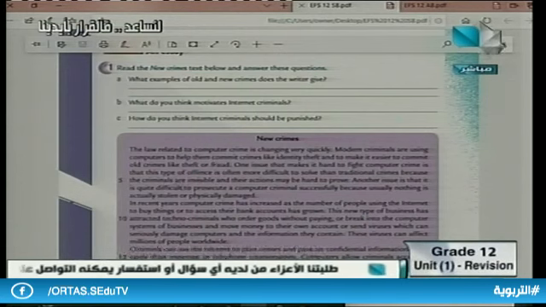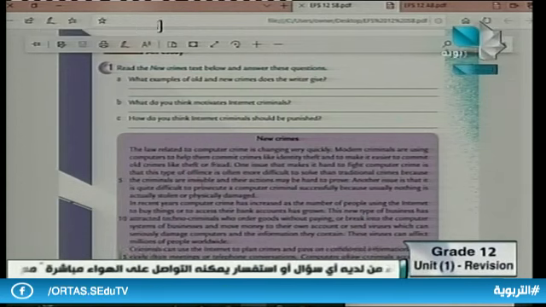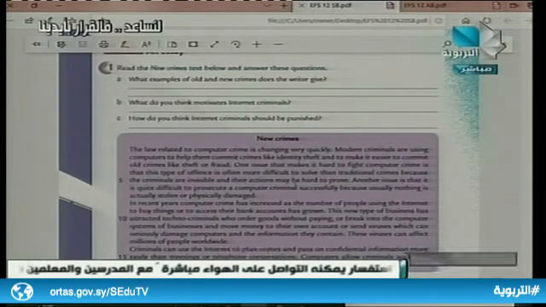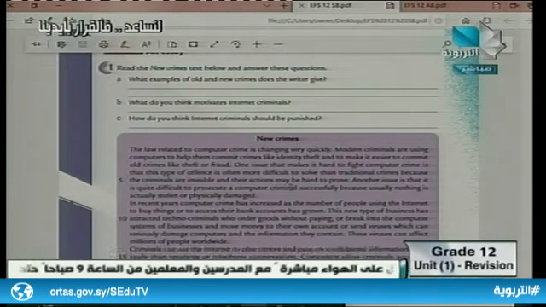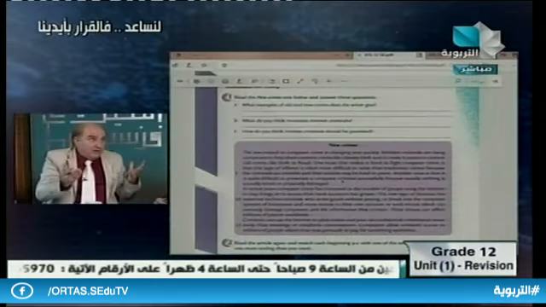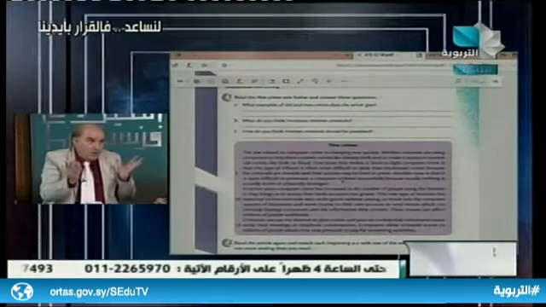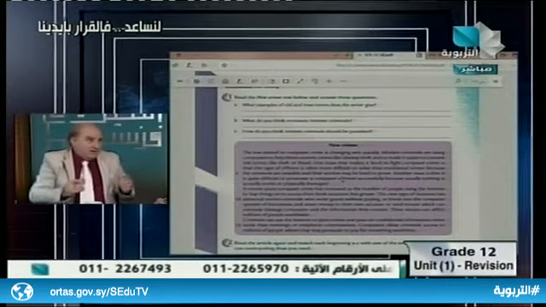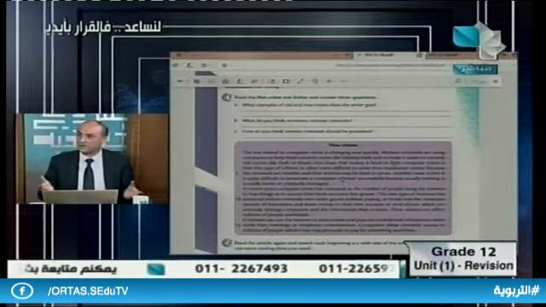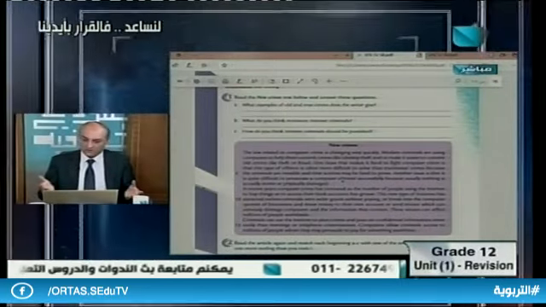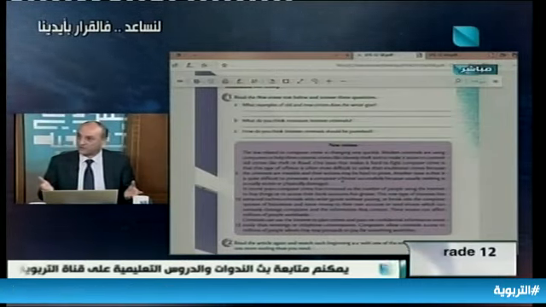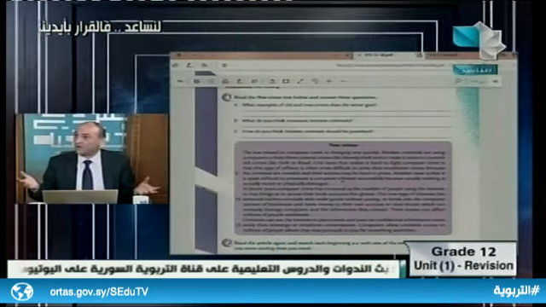They are invisible. They cannot be seen. And therefore, we can't prove that they committed a crime, because it is a virtual world. It is not reality. So simply we can say because the criminals are invisible. And it is very hard to prove their actions. Exactly.